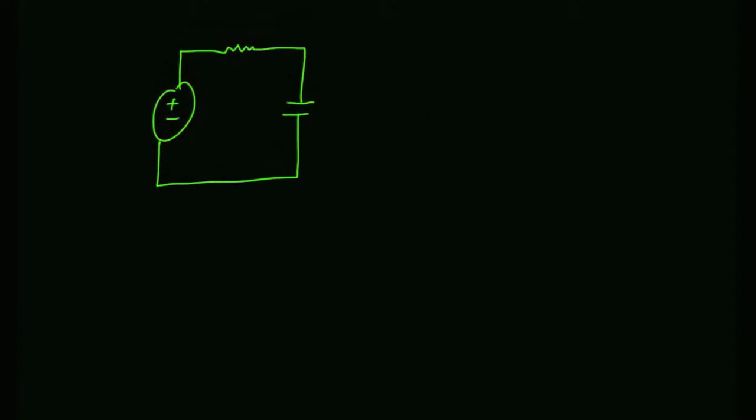It was something like V out prime plus 1 over RC V out equaled 1 over RC V in. Is that correct? I'll give you a hint. It is correct. Good.